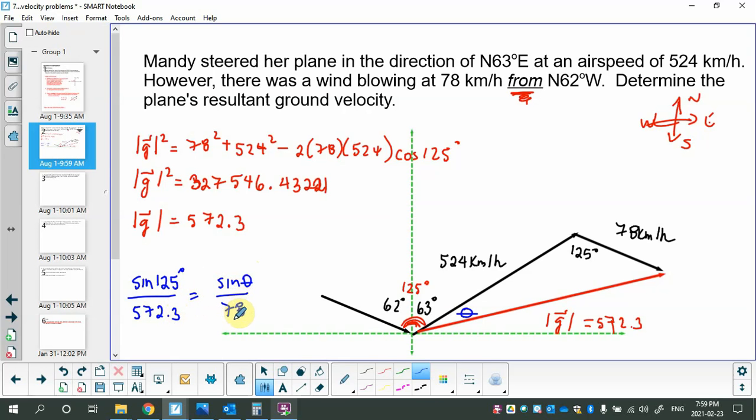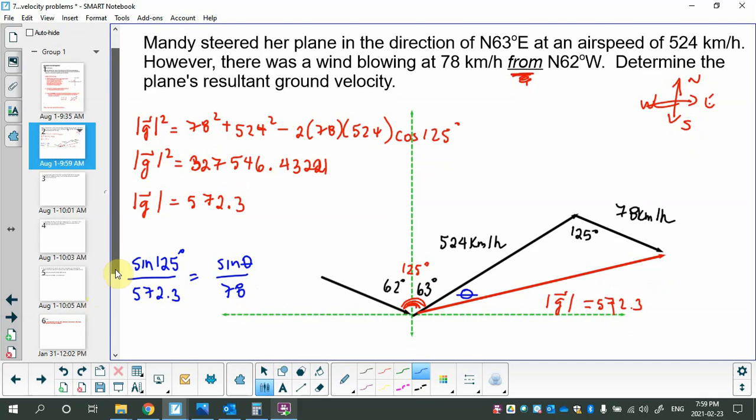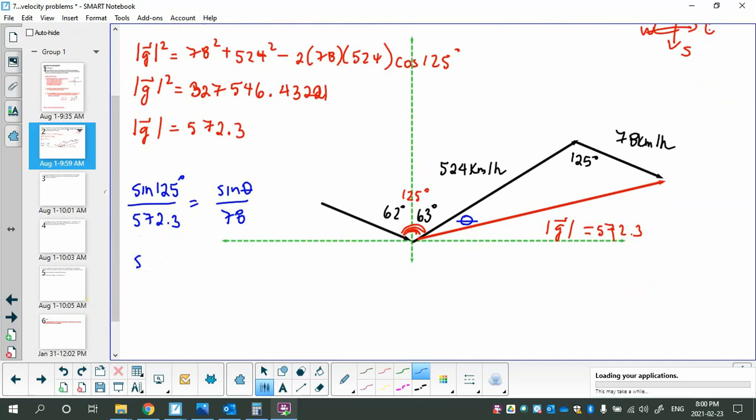And I need sine theta equals 78 times sine 125 degrees divided by that 572.3. And eventually I'll need second function sine.